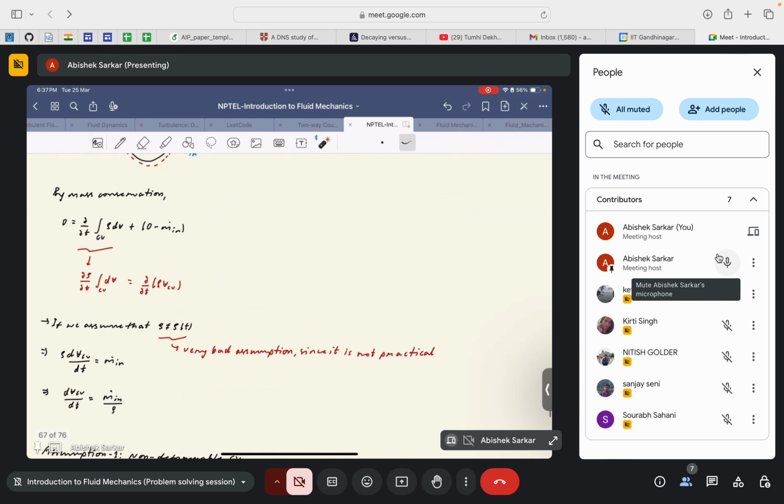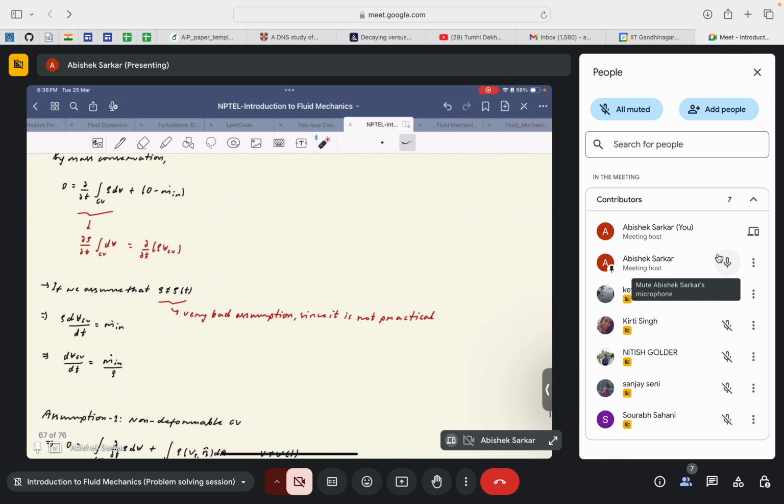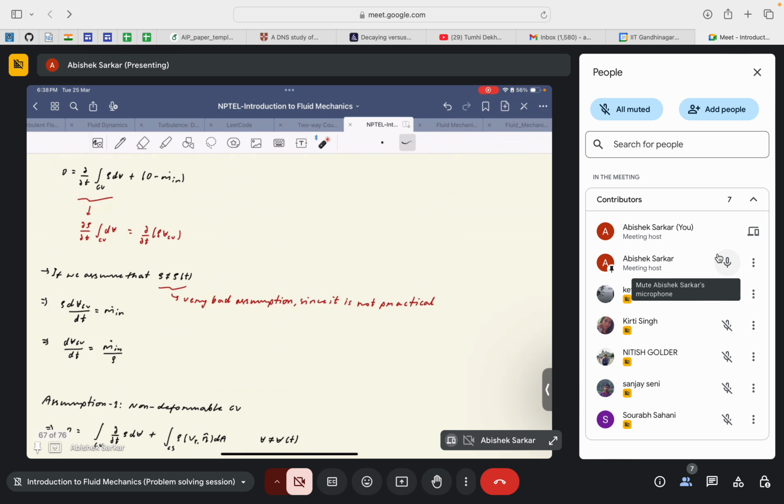Taking the very crude assumption that the density of the air is not a function of time, we can take this density out of the time derivative. Then it will basically be rho times ∂/∂t of the integral of dV.